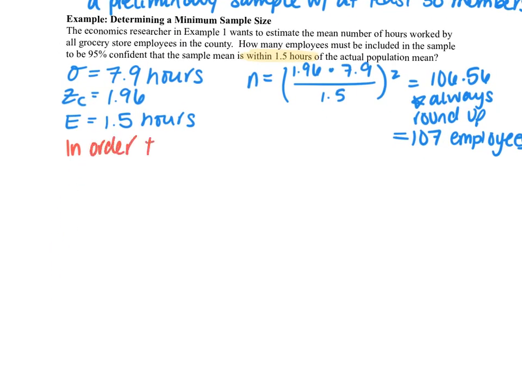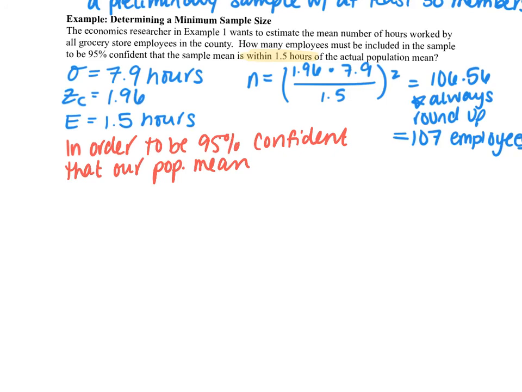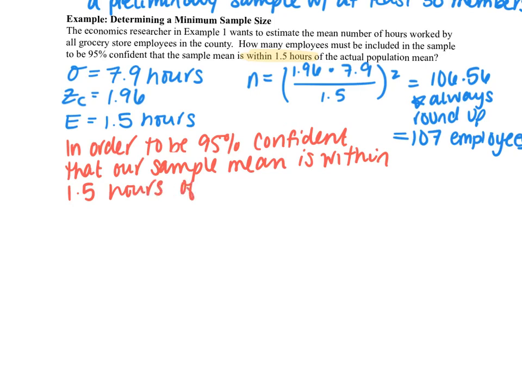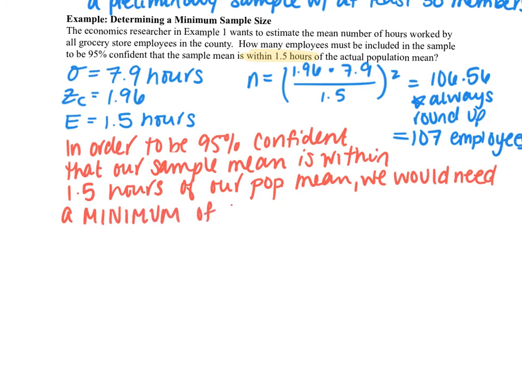In order to be 95% confident that our sample mean is within 1.5 hours of our population mean, we would need a minimum of 117 employees in the survey.